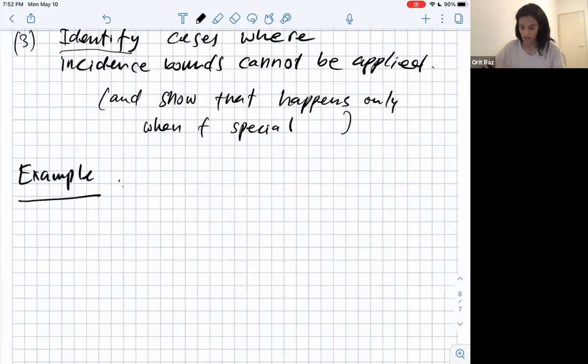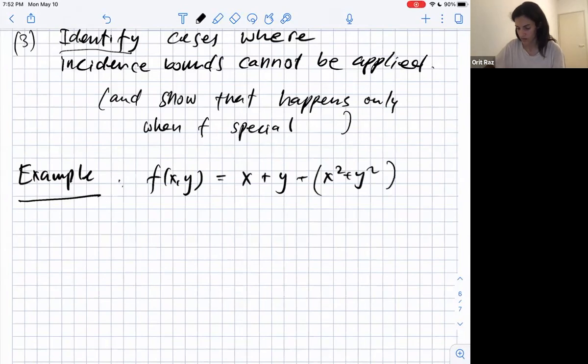So an example. Let's take a specific function: f(x,y) = x plus y plus (x squared plus y squared) to the d over 2. This function is not a special form.